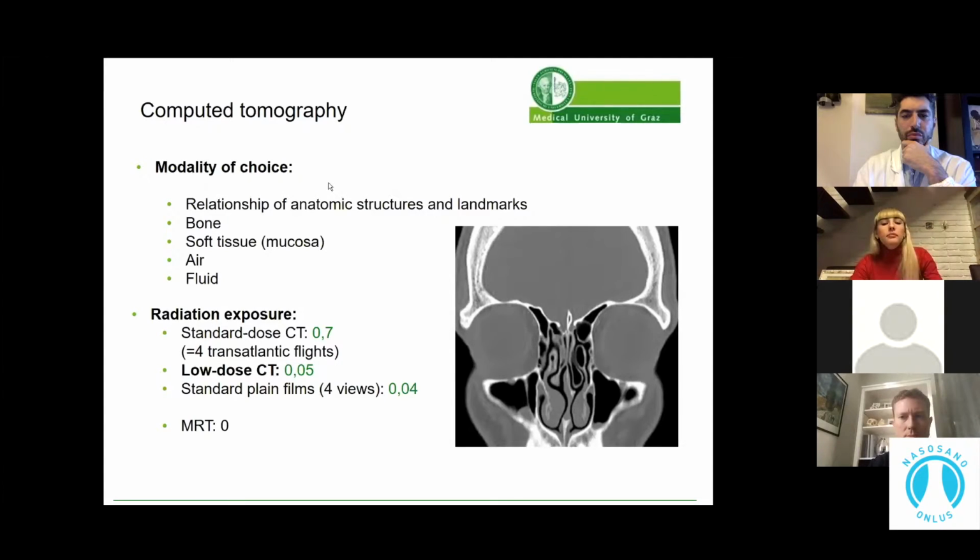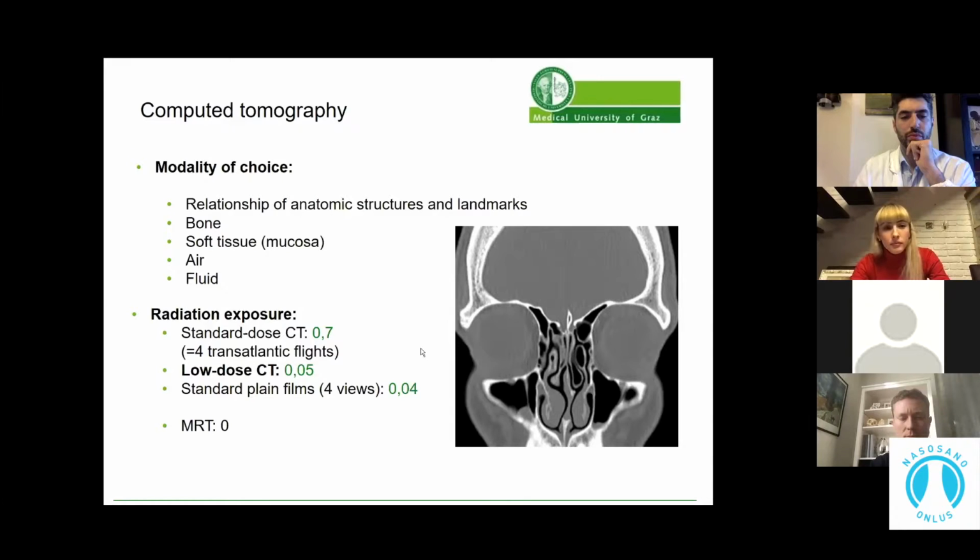Why? Because we have a nice relationship of anatomic landmarks and our anatomic structures. We can see our bony structures nicely, we can see soft tissue, but also air and fluid levels if they are there.